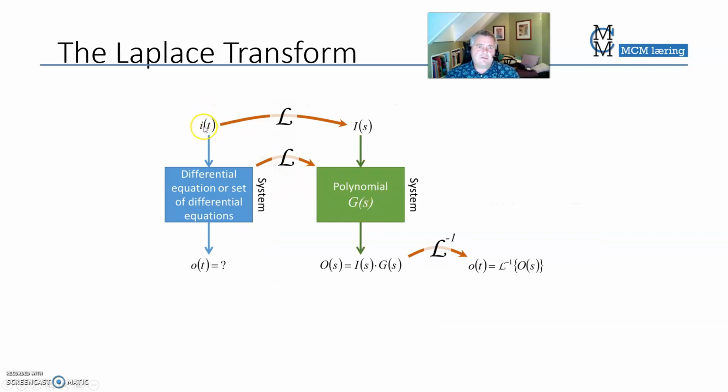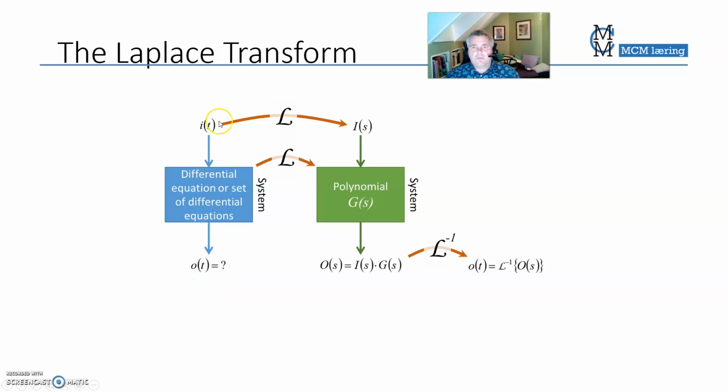You have an input to something that is described by differential equations, or more commonly actually a set of differential equations. So you have both thermal and electrical, or even hydraulic, combined together, so it becomes a very, very complex differential equation, and it's almost impossible to calculate the output from that.